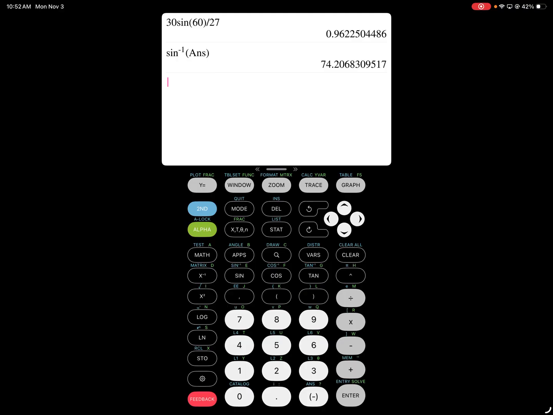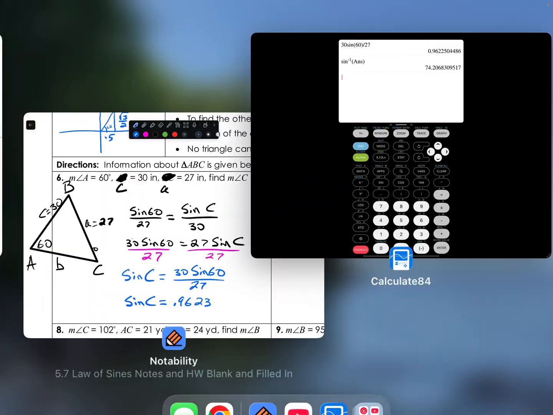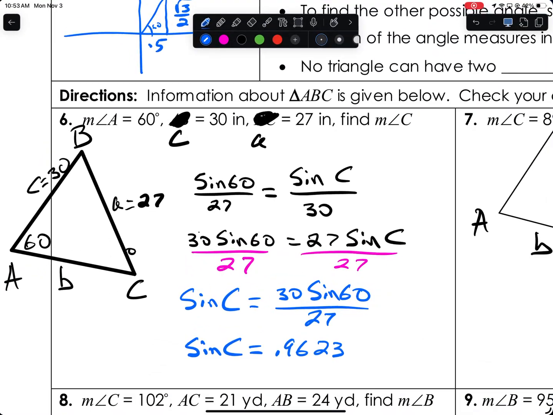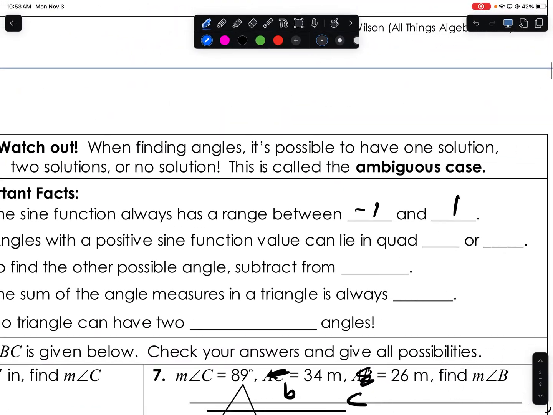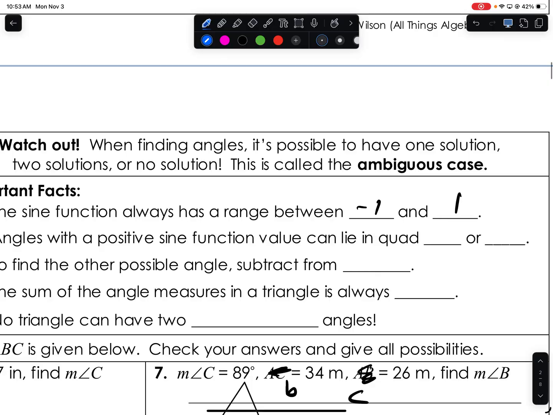Now, if my decimal up there, 0.9623 rounded, was 1.2, what's the problem? Look at the top part of your page. It's got to be between what two values? -1 and 1. If you do that sine fraction and you get like 1.4, you're done.